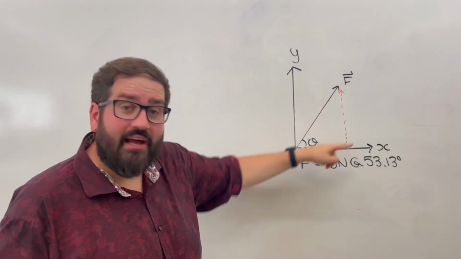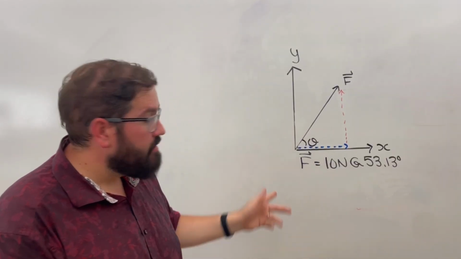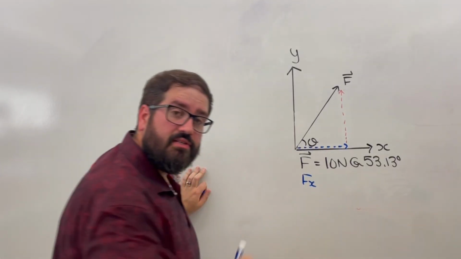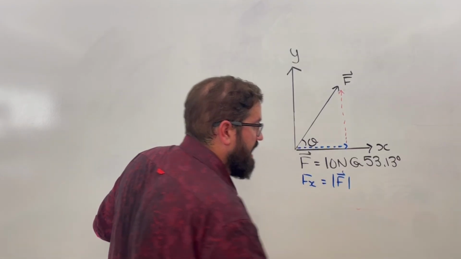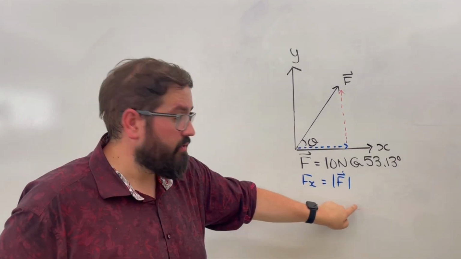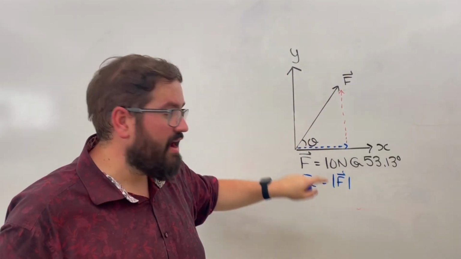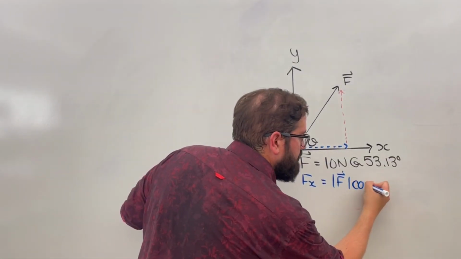Luckily, it's a triangle, and the math isn't terribly challenging. I can determine vector F in the x by saying it has to be equal to the magnitude of vector F, represented here with absolute bars to tell me I don't care about the direction of vector F, only how large it is, multiplied by cosine theta.